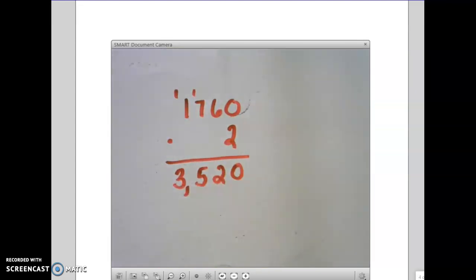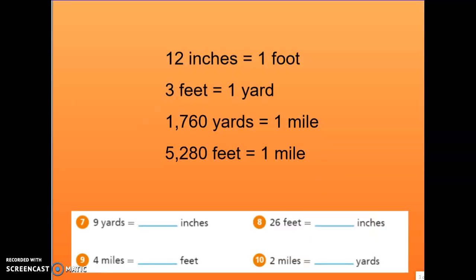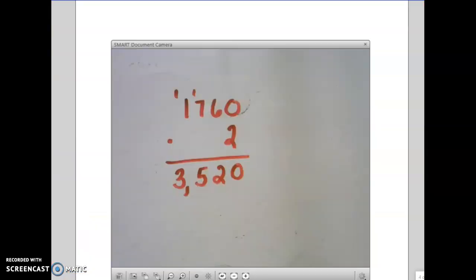There are 3,520 yards in 2 miles. So I did 1 mile is 1,760. I did that twice for 2 miles. That's how we use this to convert. So it does require us to use our mathematics skills and our strategies for multiplication. So keep that in mind as you work on this today.